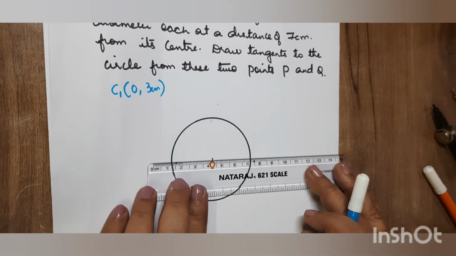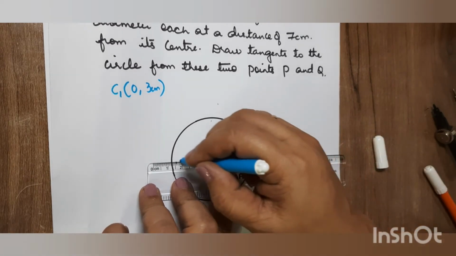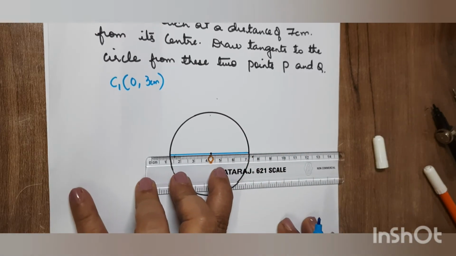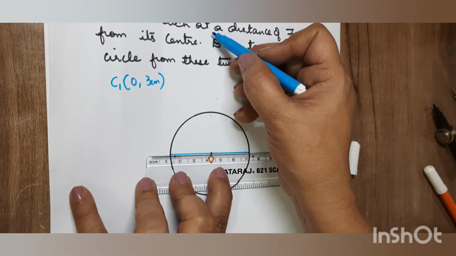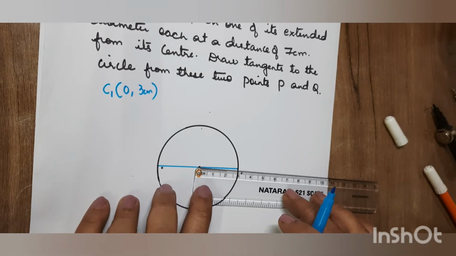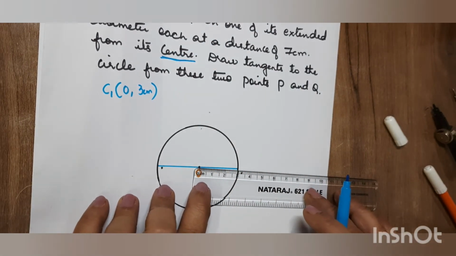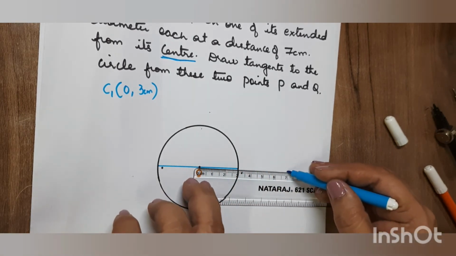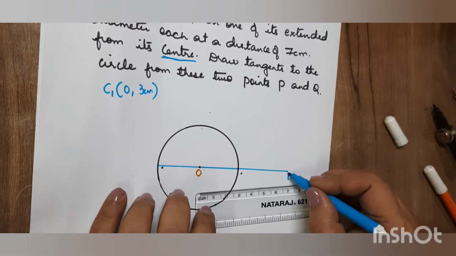We will draw a diameter here, and they say extended diameter each at a distance of 7 centimeter from the center.